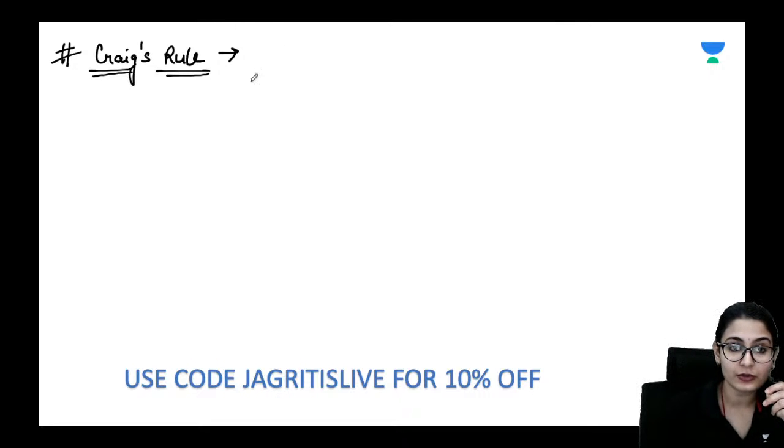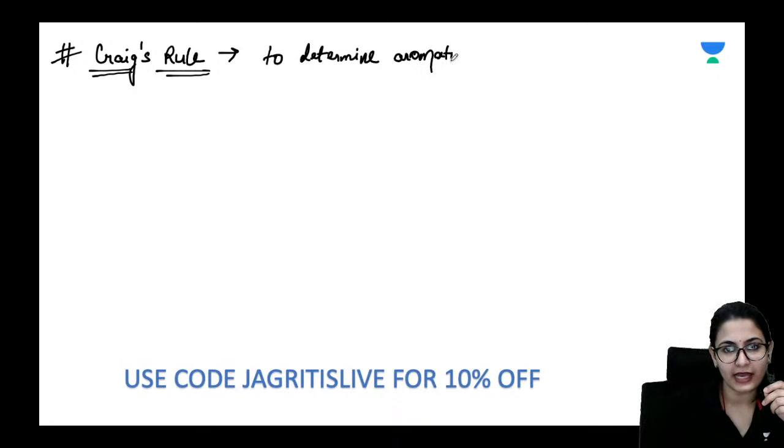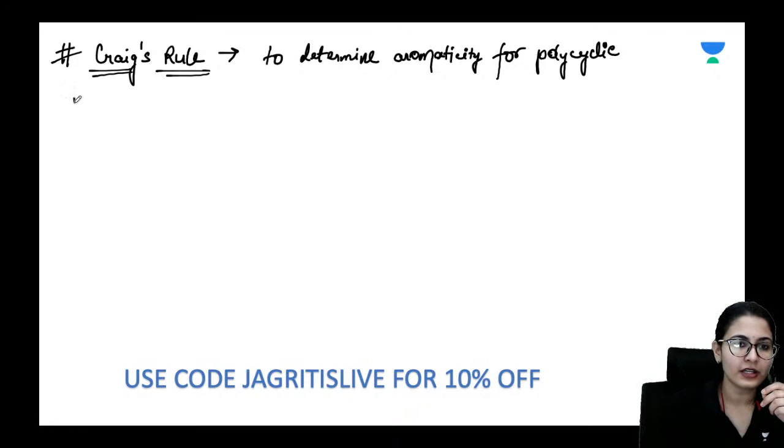So this rule is to determine aromaticity for polycyclic non-benzenoid molecules.